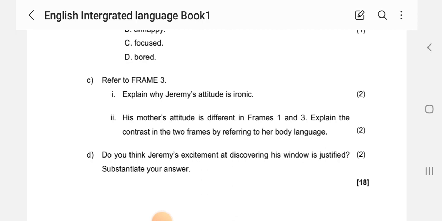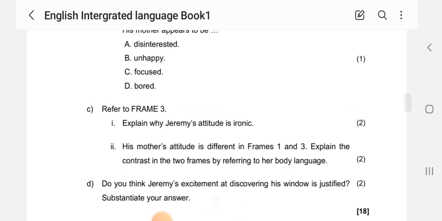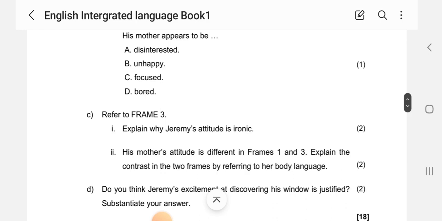If you say yes, you can say teenagers are renowned for not cleaning their rooms, and they're usually self-absorbed. Or you can say no, Jeremy should have more respect for himself and his parents and keep his room neat and tidy. So it is not something that we can justify, that he is only now discovering that he has a window in his room.